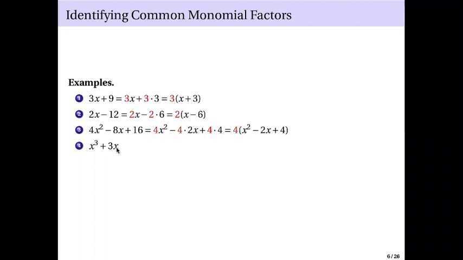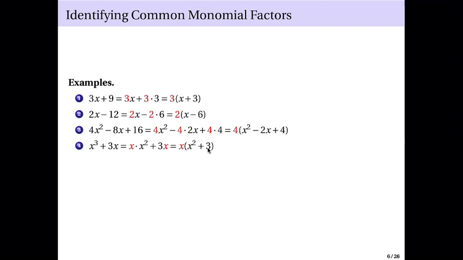So you can rewrite it as x times x squared plus 3x, and you can immediately see that x is a common factor. So you can factor out x here, and we get x times x squared plus 3. And this x squared plus 3, as I have said, is now prime if we use the hint that was given in the previous slide.